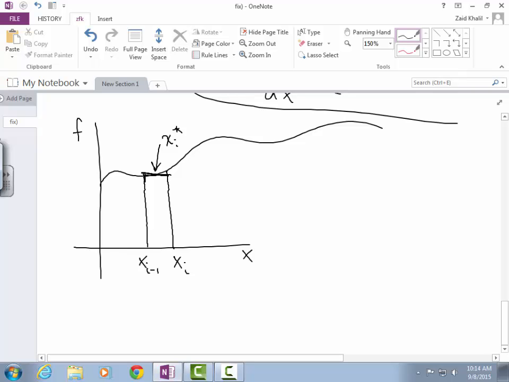And so what's that area? This is x_i star. It's f of x_i star times the width, which is, that's right.